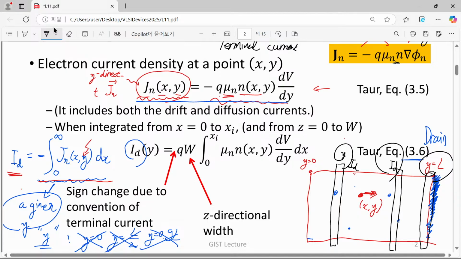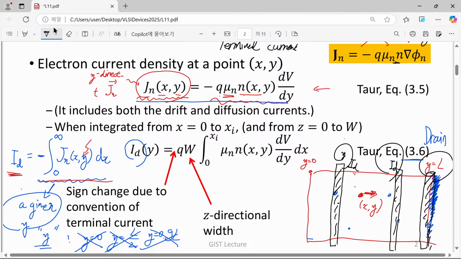That's the problem. In my opinion, by definition, only this one is the correct one. But I'm calculating the current at an arbitrary surface and saying that they are all the same.